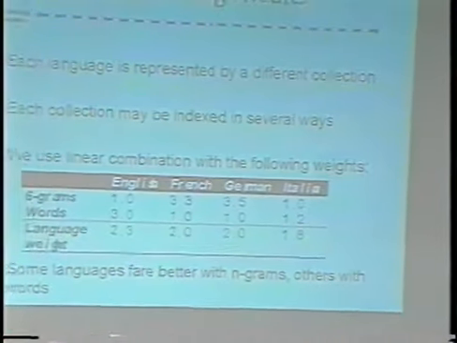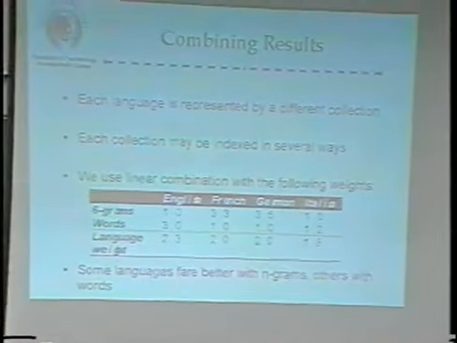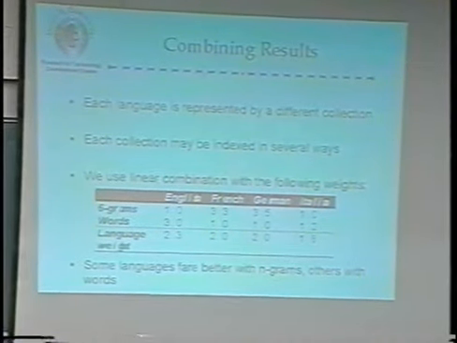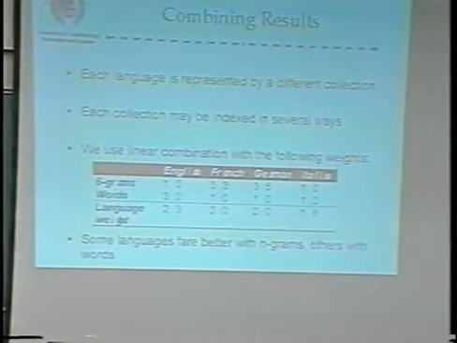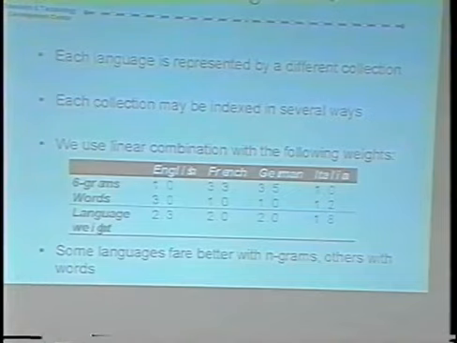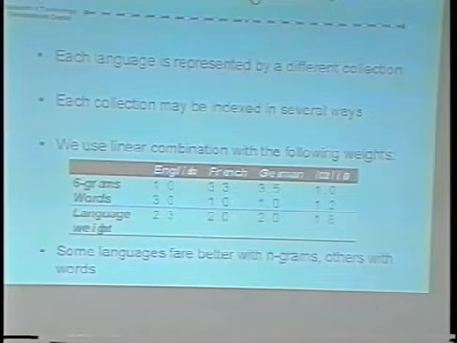How do we do the combination? Well, each language is represented by a separate collection, and so we have a problem of what kind of indexing terms do we use, what kind of similarity metrics do we use, and we boil this down to having 2 indexes for each language.